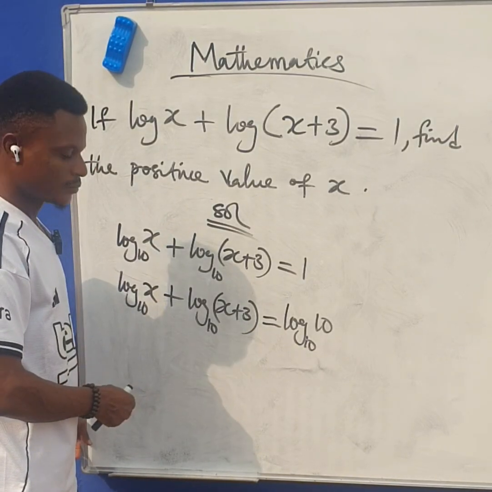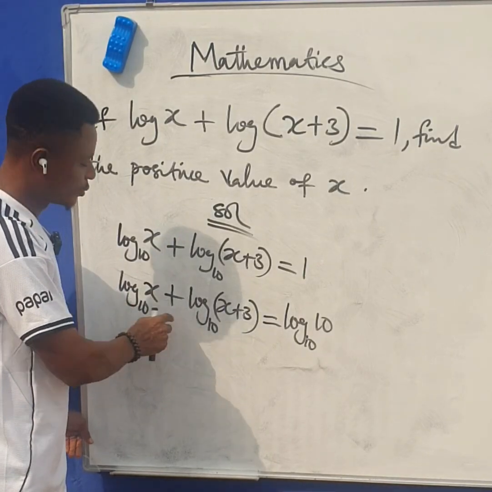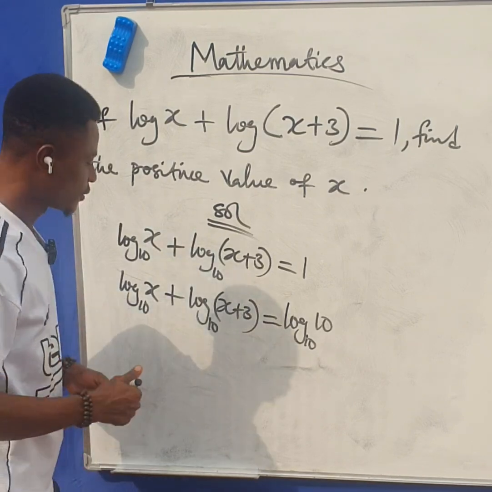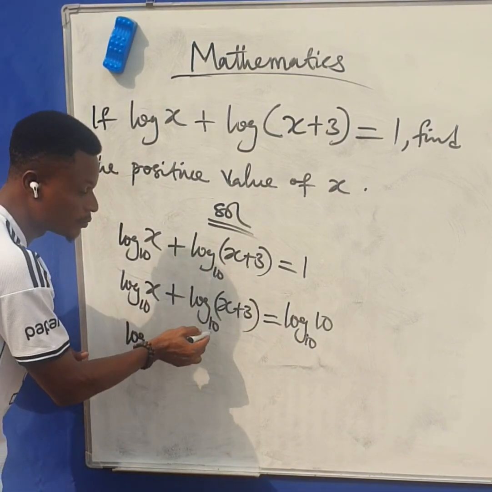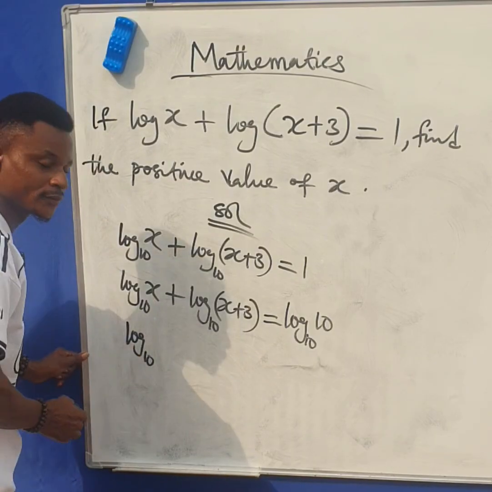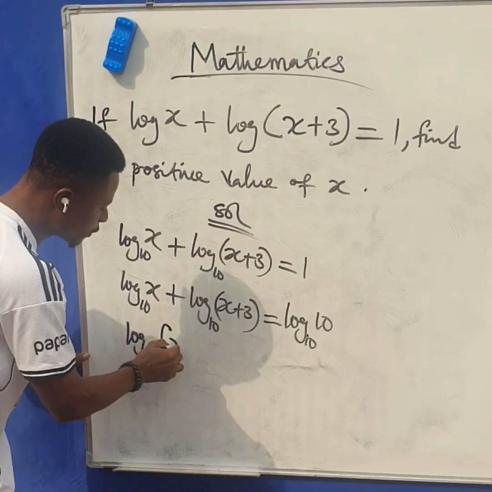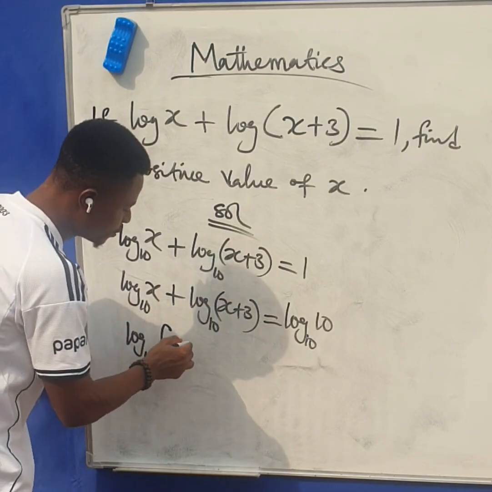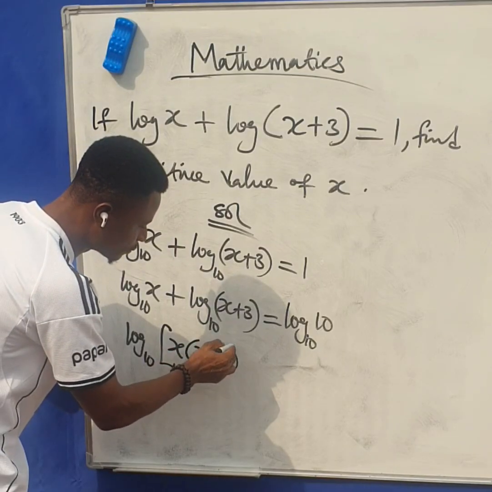Anytime the bases are the same and you are adding, you can simply write log base 10 of the first number multiplied by x plus 3.